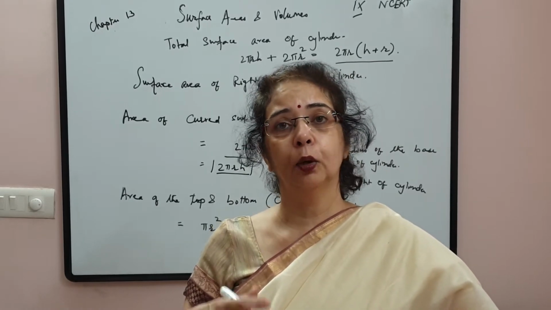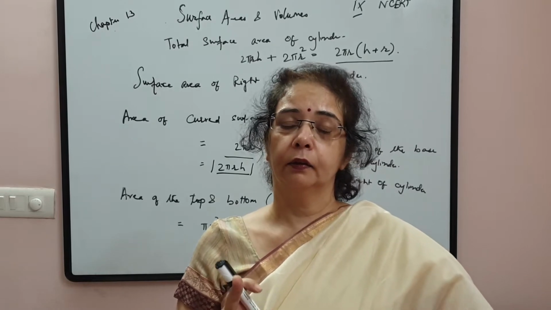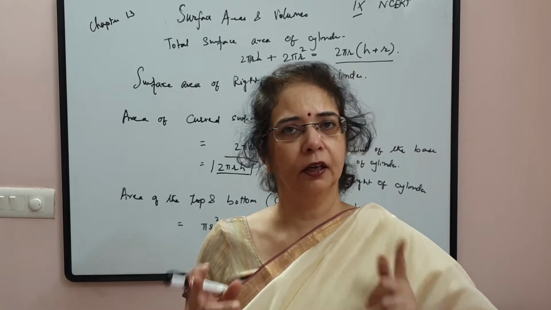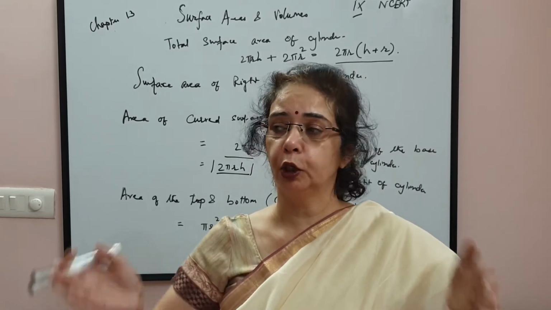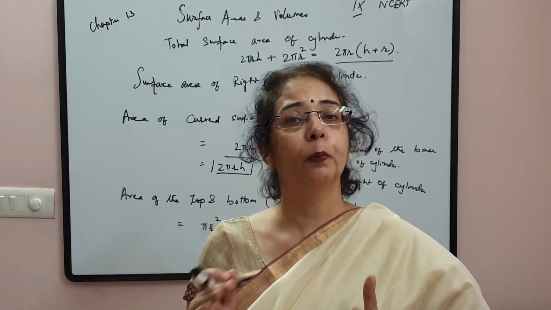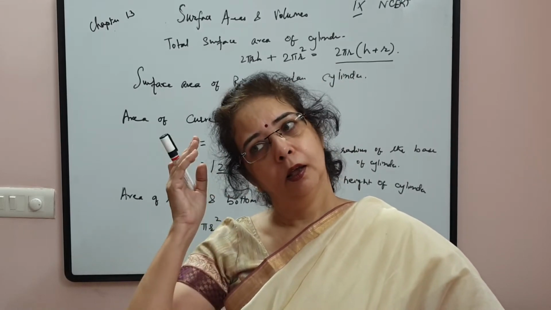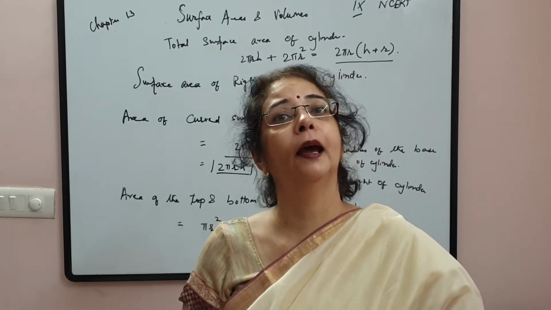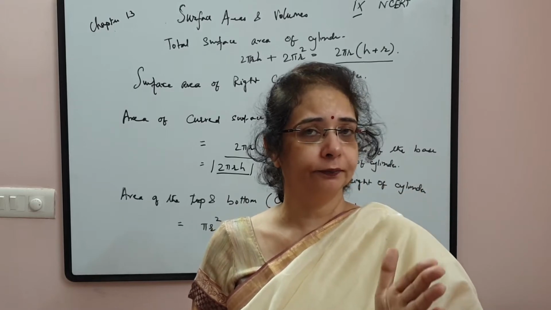If they are taking into consideration only one base, either the bottom or the top, then it is pi r square. If they are considering the whole cylinder with two bases, top, bottom and the curved surface area, then it becomes 2 pi r into r plus h. If they are taking into consideration bottom plus curved surface area, then it becomes 2 pi r h plus pi r square, because one pi r square is missing, the top one.